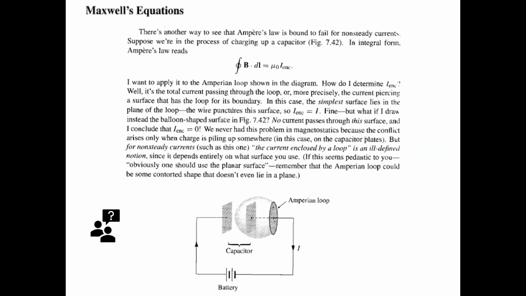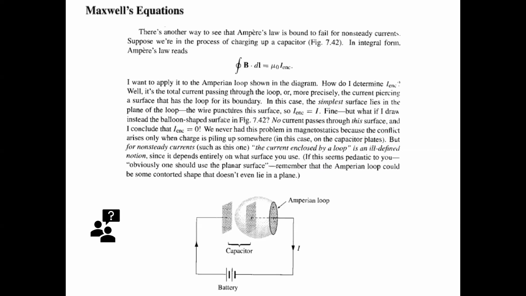If we have a process of charging up a capacitor, then from Ampere's law, we see the closed integral of B dot dl, which is the field built up, equals mu 0 I enclosed.